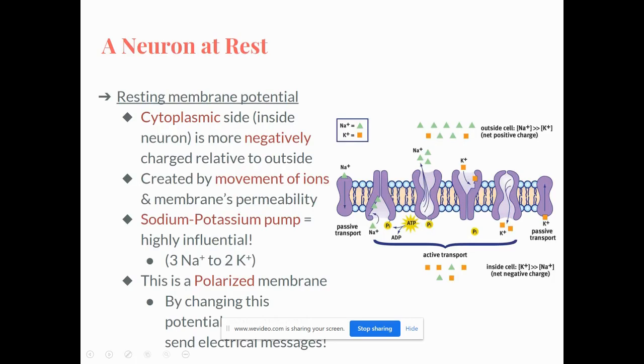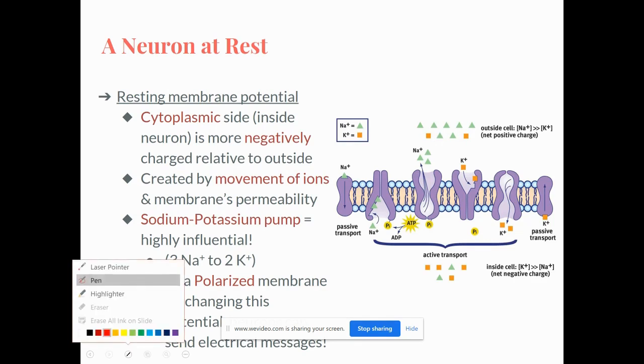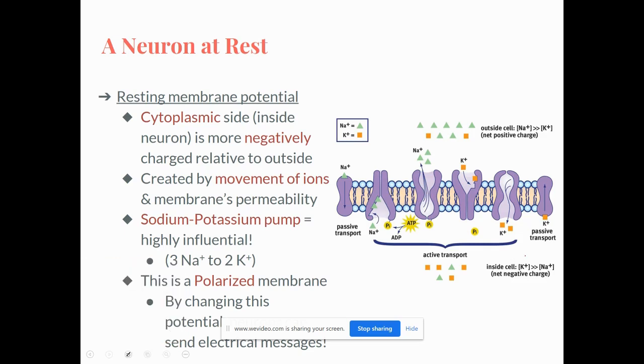A neuron at rest. All right, so the resting membrane potential. The cytoplasmic side, I'm going to use red. This is your cytoplasmic side right here, the inside of the cell. That's more negatively charged relative to the outside of the cell, and that's generally because of the sodium-potassium pump.